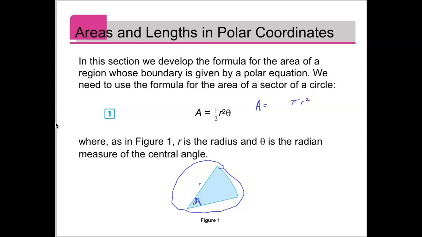So the proportion that the sector takes up is whatever the angle that it subtends is divided by the full angle of a circle, which is 2 pi in radians. So if I multiply theta over 2 pi by pi r squared, I end up with pi's canceling out, and that gets me the 1/2 r squared theta. So that is the area of a sector. We'll start with that.